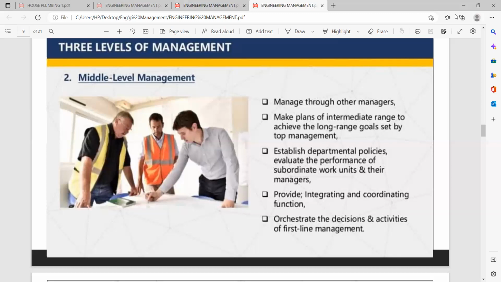Okay, establish departmental policy, evaluate the performance of subordinate work units and their managers. In this level also, it will provide integrating and coordinating functions. It also orchestrates the decisions and activities of the first line management.